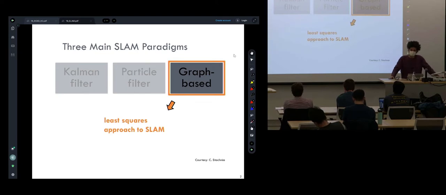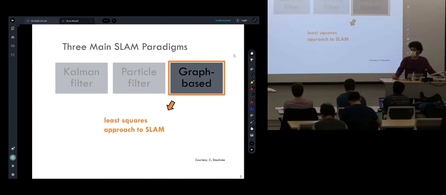Then the next generation of these methods was to move on to a smoothing framework. That was motivated by the fact that the SLAM problem admits a particular structure that makes the problem sparse.